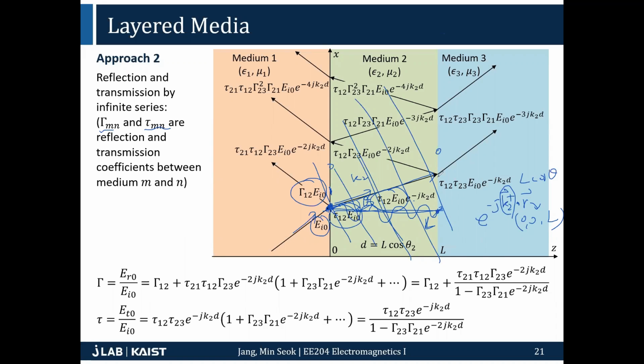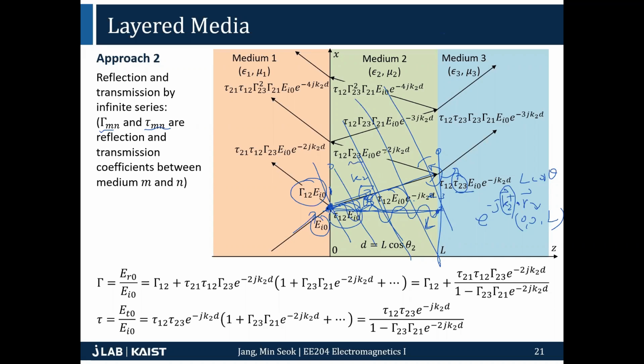And then at this boundary, there's another reflection coming in, and the transmission occurs. So now you multiply tau 2,3 to this term, right? And then this wave is reflected. After reflection, you need to multiply gamma 2,3, right?